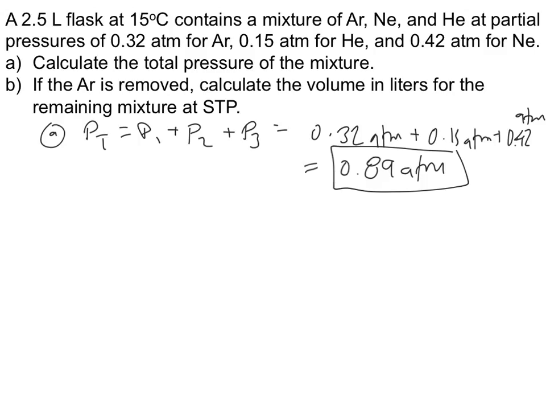So the question in part B is a little bit more complicated. In this case, we're going to use the ideal gas law in order to calculate the number of moles present for each of the gases.